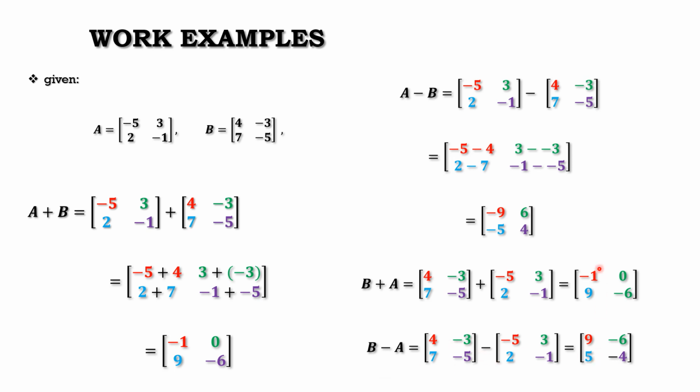And when you look at it, you are going to realize that when we change the position of A and B using the operation addition, we end up getting the same elements as our result for the matrix A plus B. But when we change the position of A and B based on the operation subtraction, we end up getting different results, which means that we are going to remember a certain unique property.